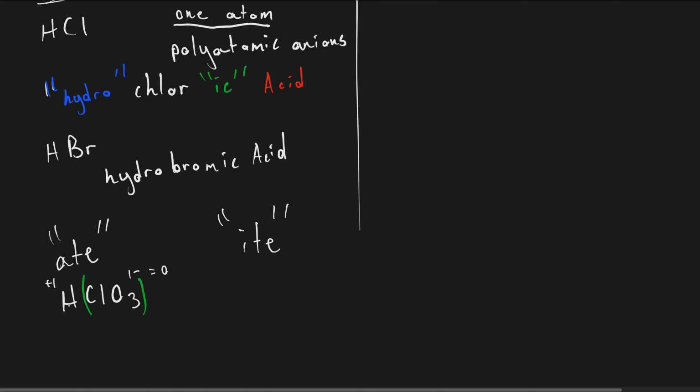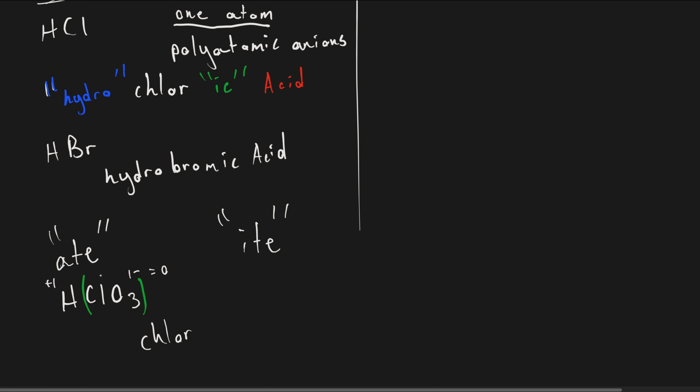You would think that because it has a hydrogen in front, it would be named similarly to the monatomic anion, but it actually does not have the hydro prefix. The hydro prefix is not there anymore, and so we just continue with the polyatomic anion name. It is chlorate, however it is not said as chlorate acid.